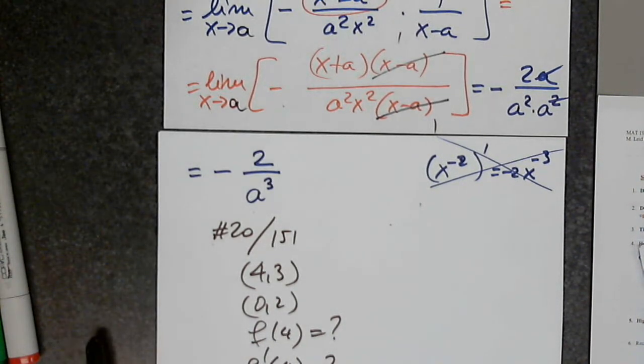So let's read the question one more time. If the tangent line to the graph of the function at 4, 3 passes through the point 0, 2, find f of 4 and f prime of 4.